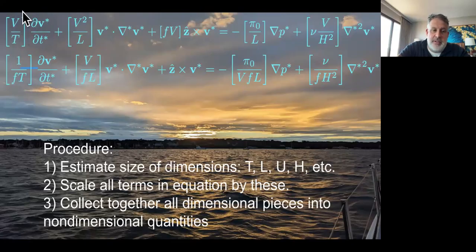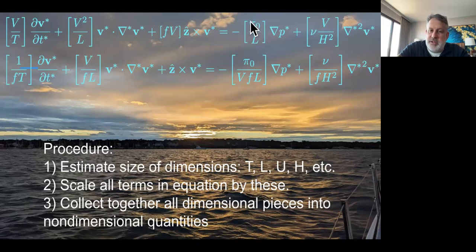So I can do that for the first term, and I get this little thing, which is just these parameters on top of each other. This still has dimensions of acceleration. It's not a dimensionless quantity yet. Similarly, I do that for this term. I pull out a velocity squared and a length scale. For this term, I have the Coriolis parameter times the velocity scale.